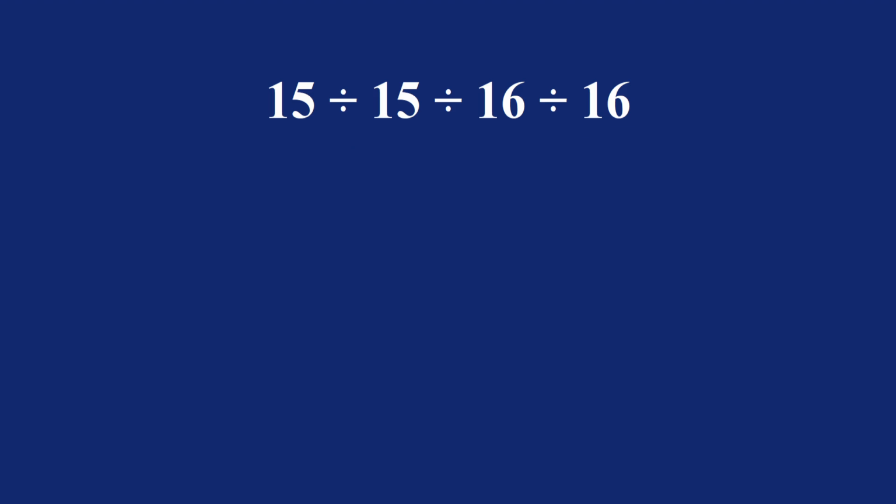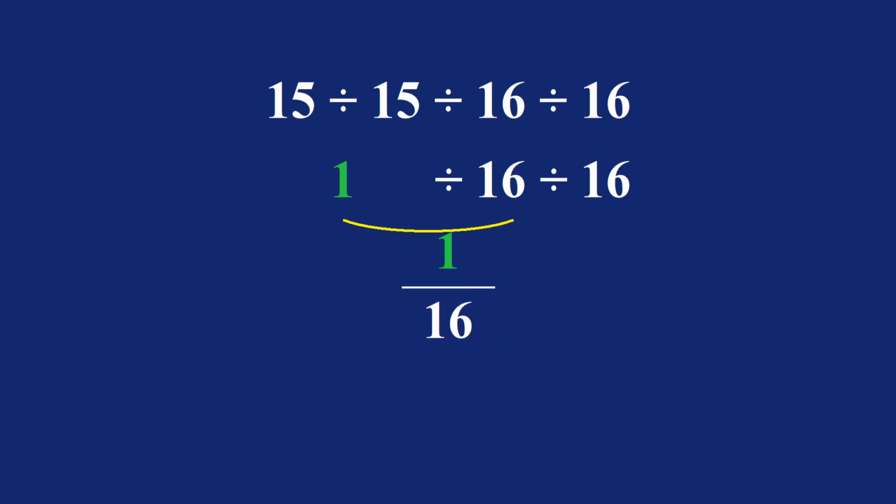So we have first this division, 15 divided by 15 equals 1. So we have 1 divided by 16 divided by 16, and we can write this part as 1 over 16 divided by 16.